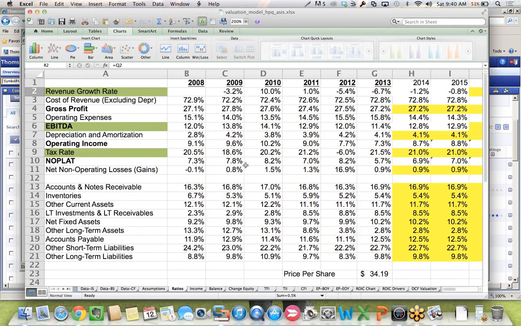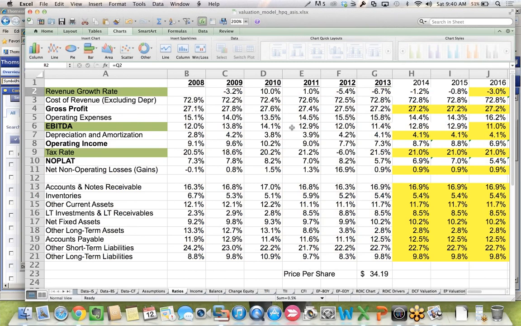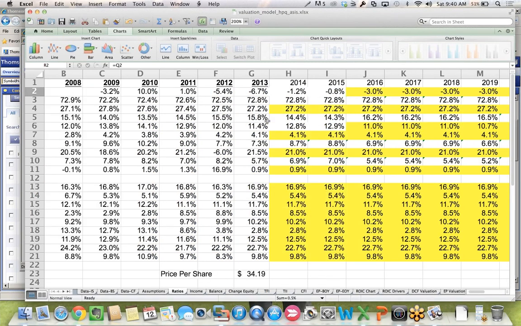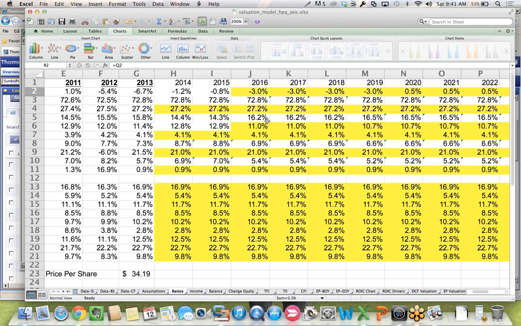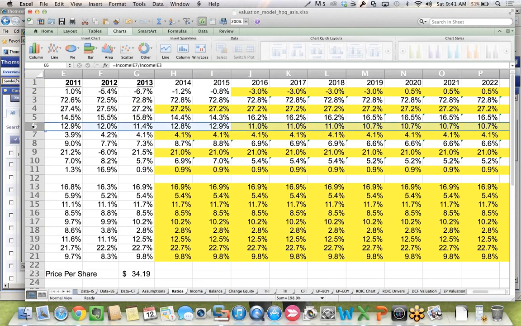What was different about these ratios? Primarily, was it the margin or the growth rate? Looking at the future, did you have higher margins, EBITDA, or just faster growth here?